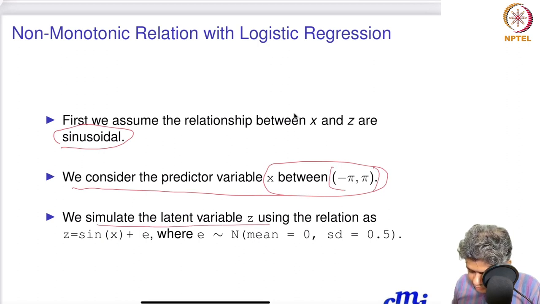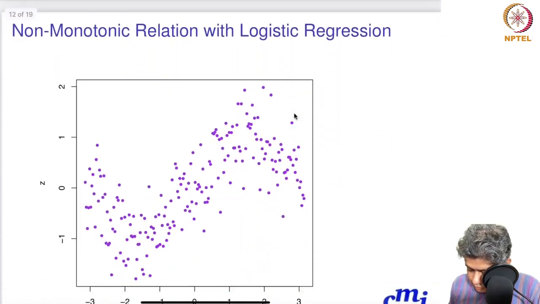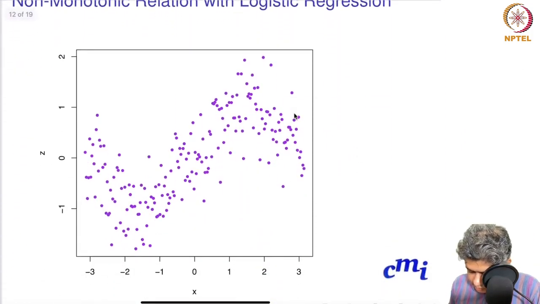We simulate the latent variable Z as Z equal to sin X plus error, where the error still follows a normal distribution with mean 0 and standard deviation 0.5. But the relationship between Z and X is for sure not linear. It is sinusoidal. The latent space has a very non-linear relationship.